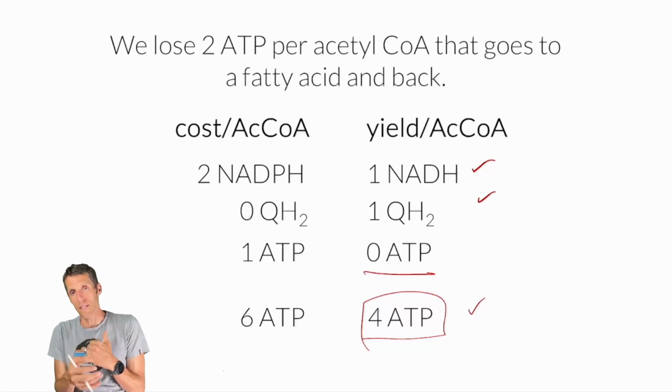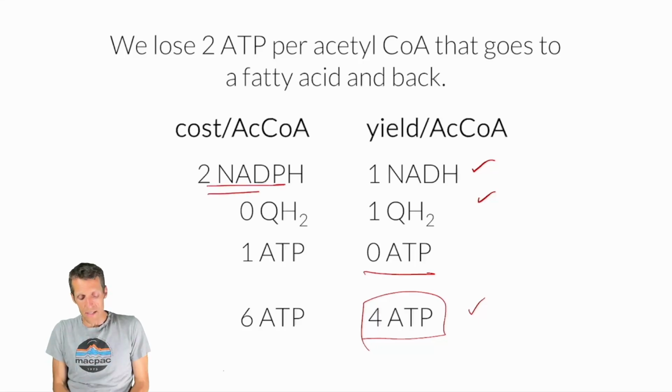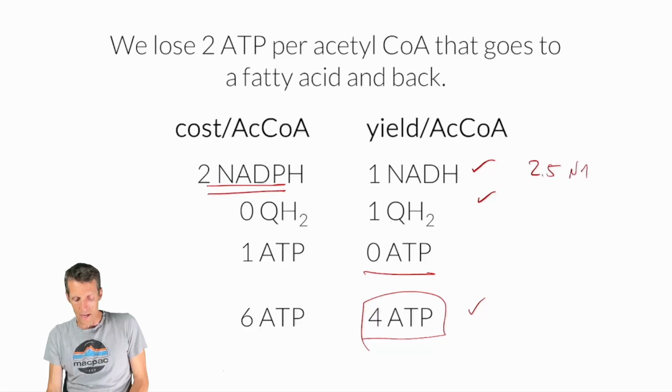It's going to cost an ATP just to do the gluing, and then it's going to take 2 NADPHs to do it, which, if you remember, the conversion factor here is 2.5 ATP per NADH and 1.5 ATP per QH2.